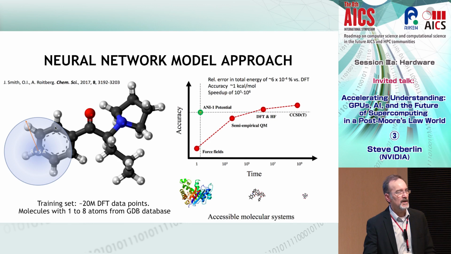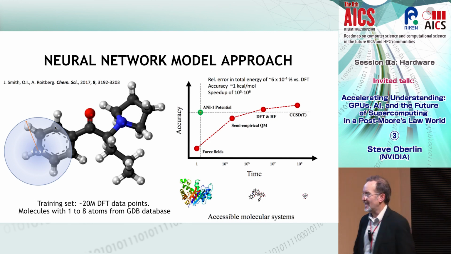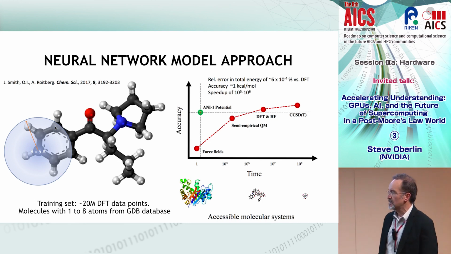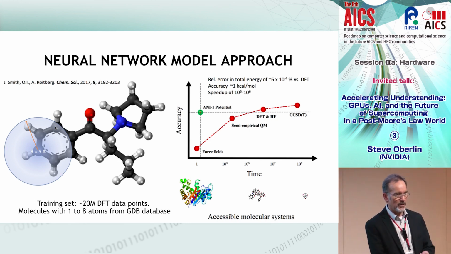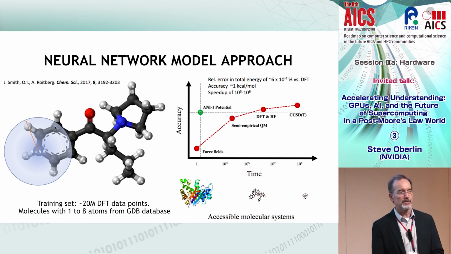And they used around a dozen elements that they were generating random molecules essentially from and running those through DFT. What they were trying to achieve, NE1 is the name of their neural network-based approach, and it's a very simple neural network.